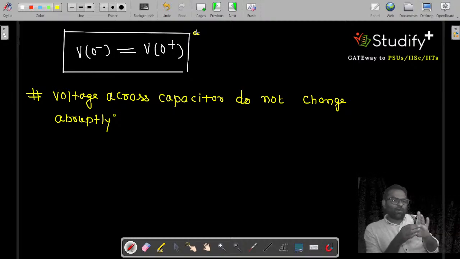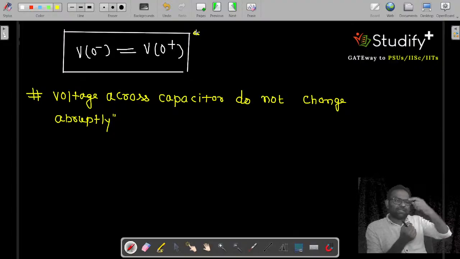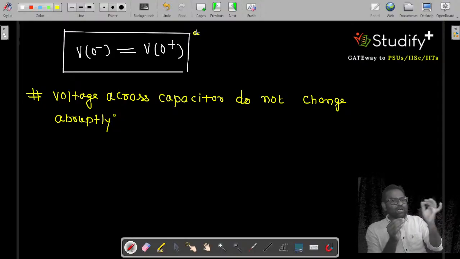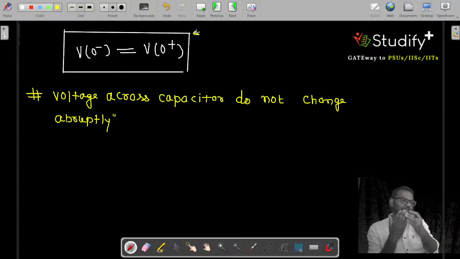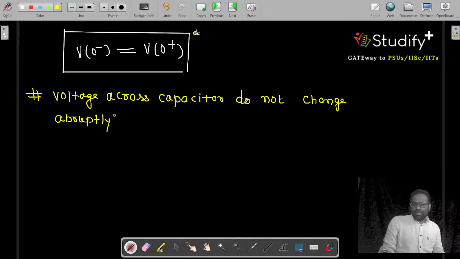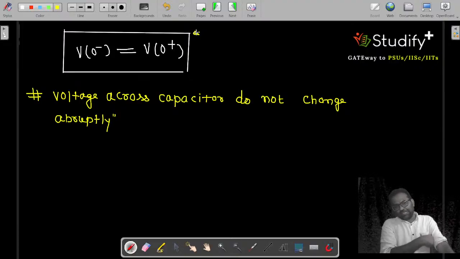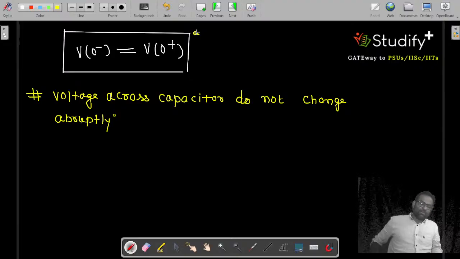In steady state, you can replace the inductor by a short circuit. That is a very important point. Whether the inductor is being charged or discharged, in both cases, if steady state is there, you can replace your inductor by a short circuit.